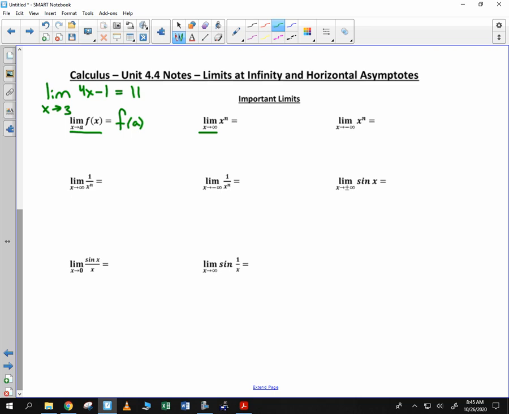It's some review from before, but the limit as x goes to infinity of x to the nth.